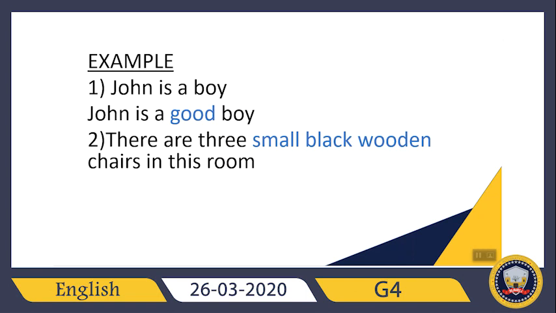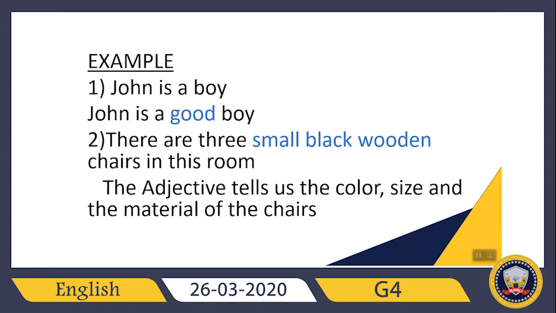Small describes how the chair looks, black describes the color of the chair, and wooden describes the material of the chair. So small, black, and wooden describe what? The chair in the room. We can also say the adjectives tell us the color, size, and material of the chairs.